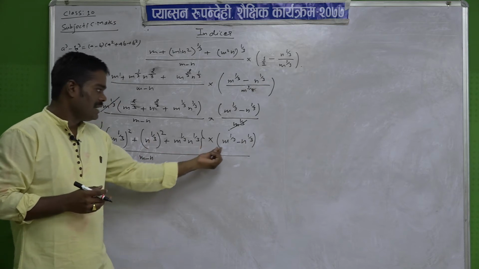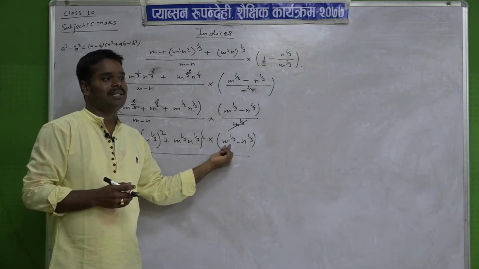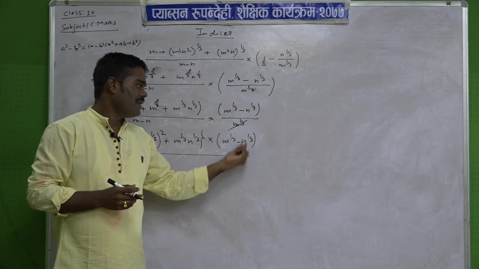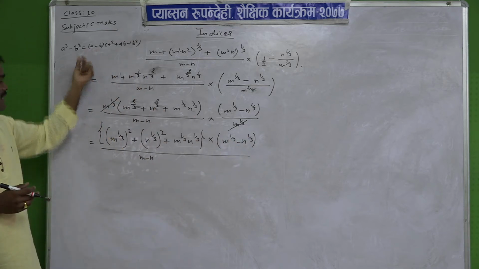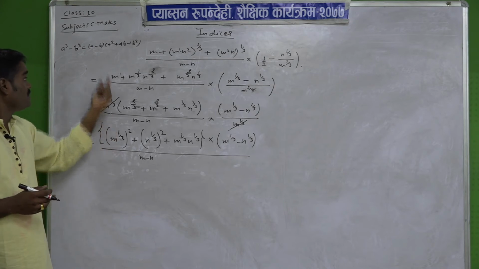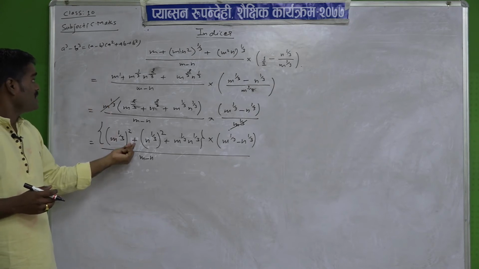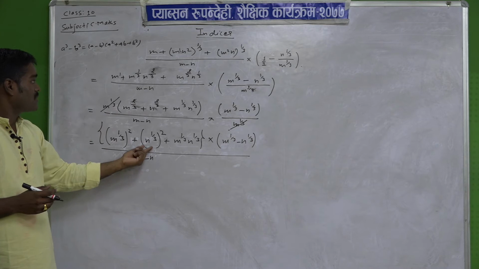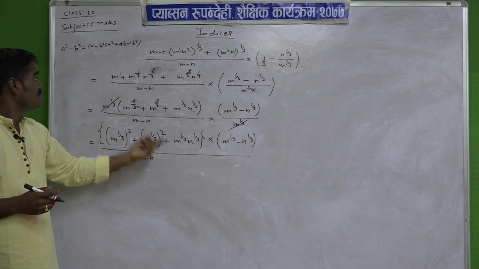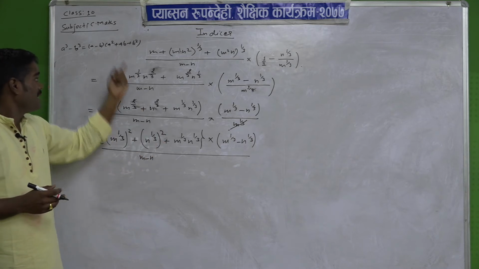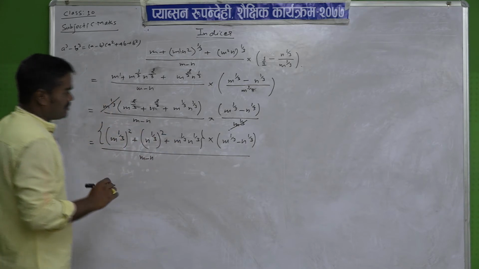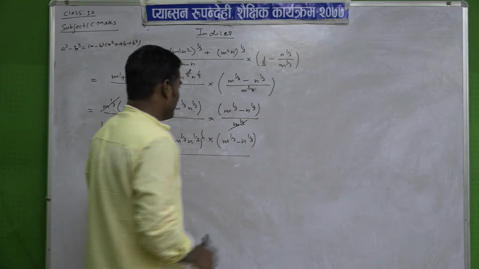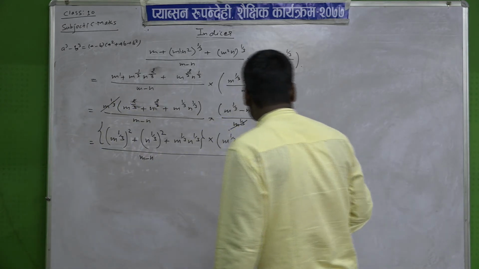Once again see, let m power 1 by 3 be A and n power 1 by 3 be B. So, A minus B, see here A minus B, then A square plus B square plus A into B. So, we can use here A cube minus B cube.